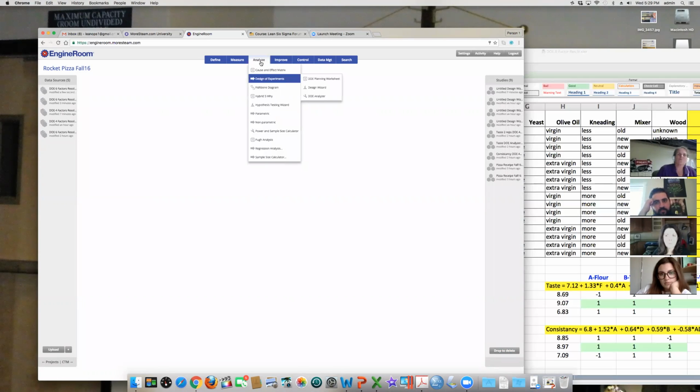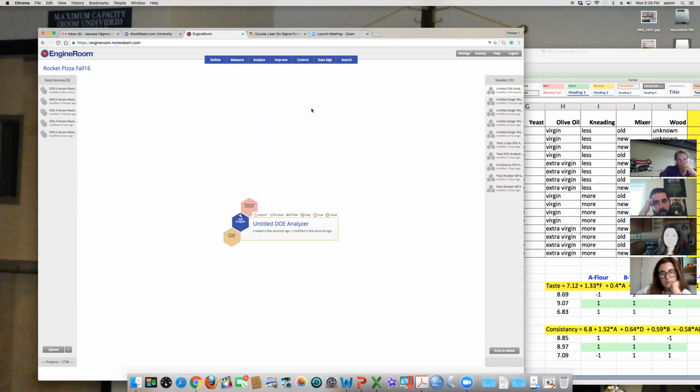And then I'm going to go up to my Design of Experiments Analyzer. Here's my data over here. I just clicked on that and got the design matrix with my 6 factors, and I'm going to go ahead and put that in.